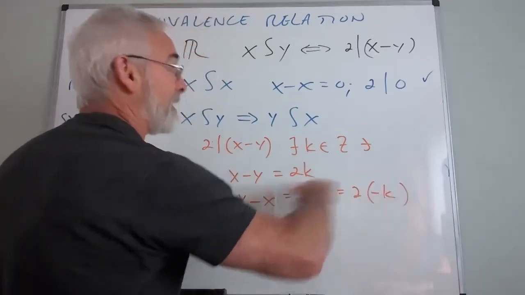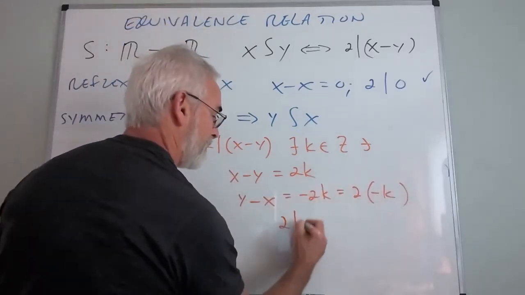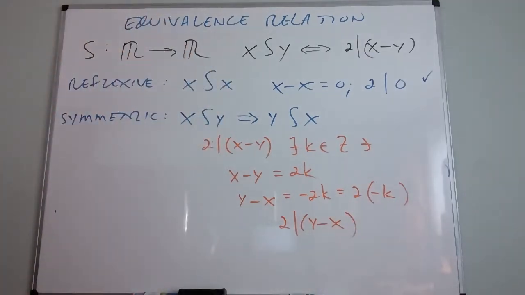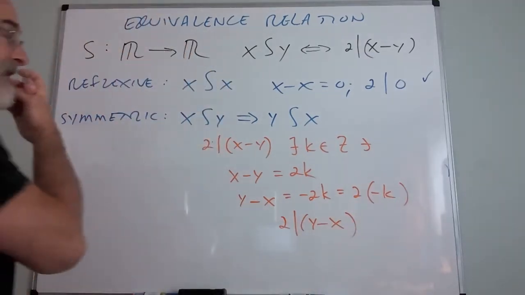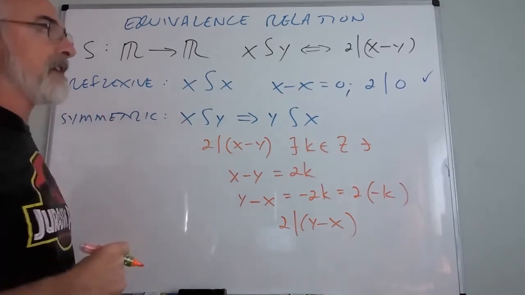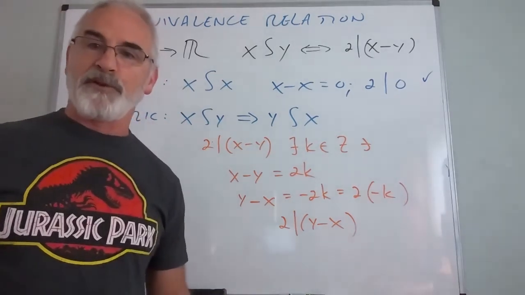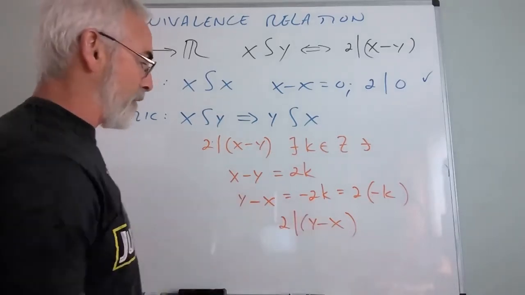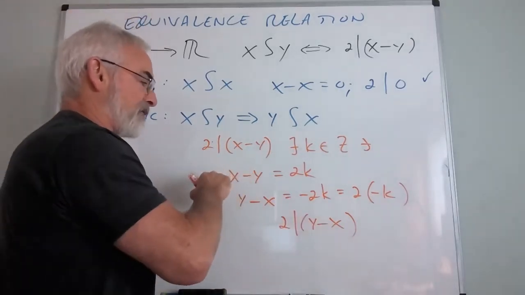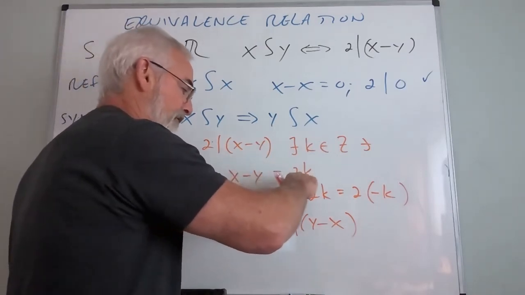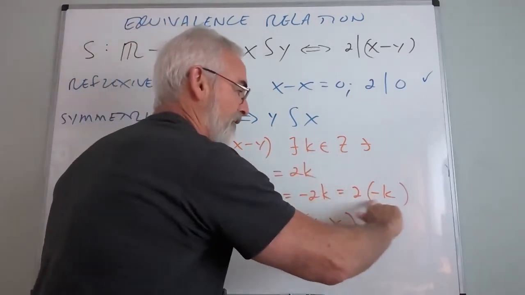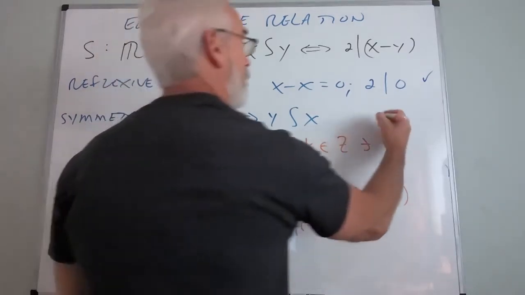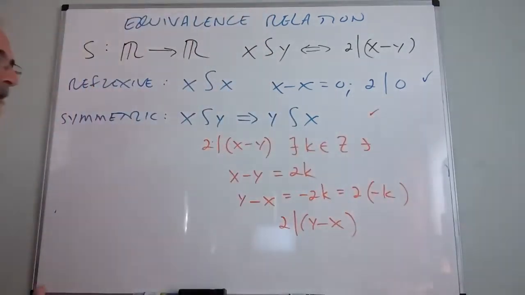So this last statement says that 2 divides Y minus X. Beautiful. So what have I got? If X minus Y is a multiple of 2, then Y minus X is a multiple of 2. That's kind of a no duh, I get that, but this is how we formally show it, by factoring it out. So I've got that one checked off.